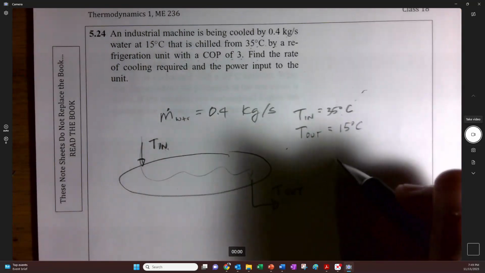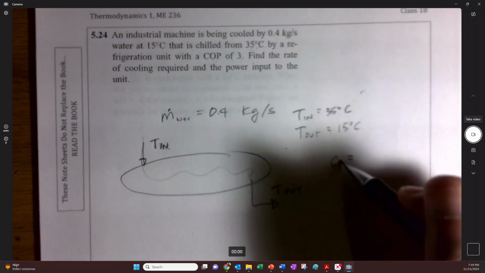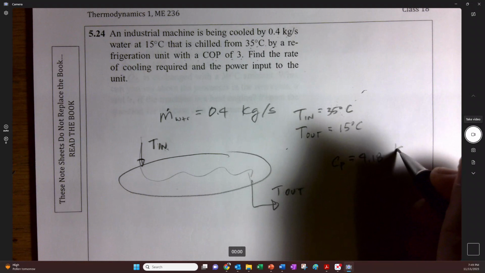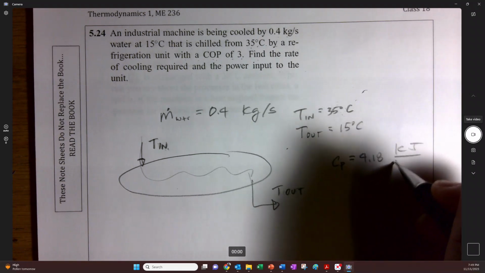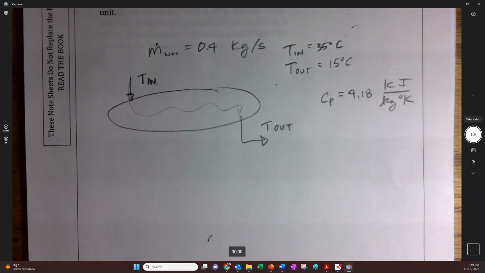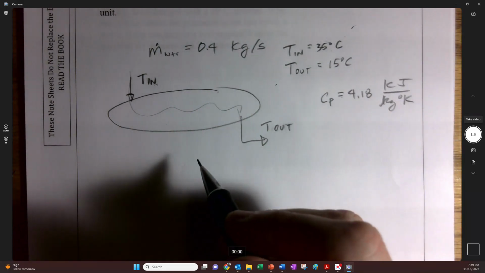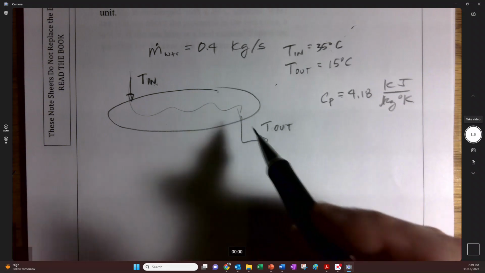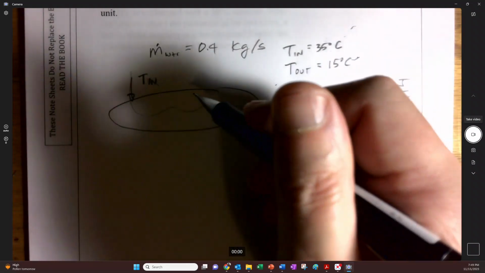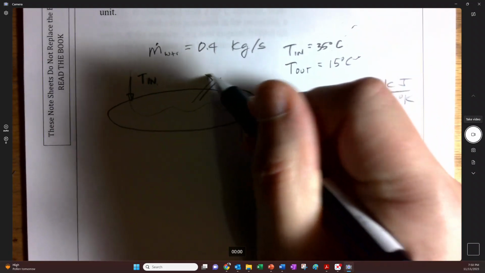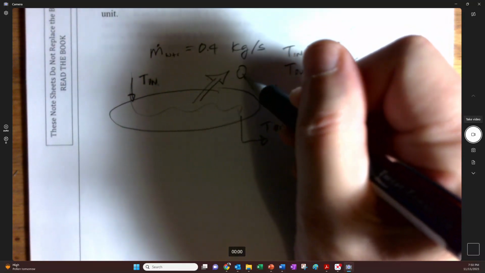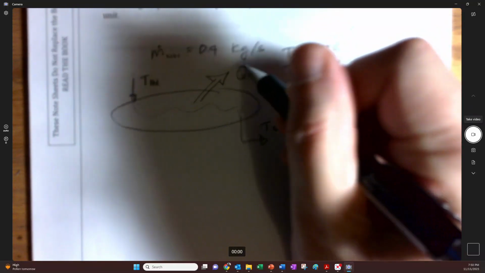And notably that water has a specific heat of 4.18 kilojoules per kilogram degree Kelvin. So this is going to be the change in enthalpy across here. However we're doing it, probably through another fluid, we're taking out energy here.